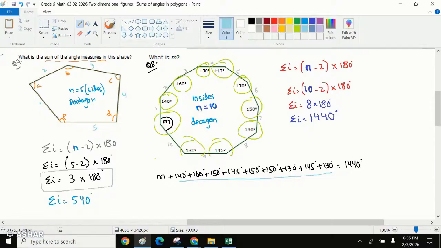My answer is coming out to be m plus 1300 is equal to 1440. That means m would be equal to 1440 minus 1300. M would come out to be 140 degrees.